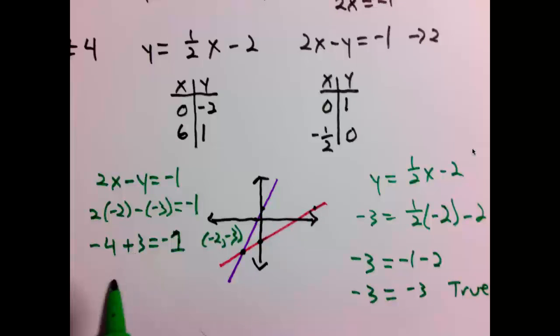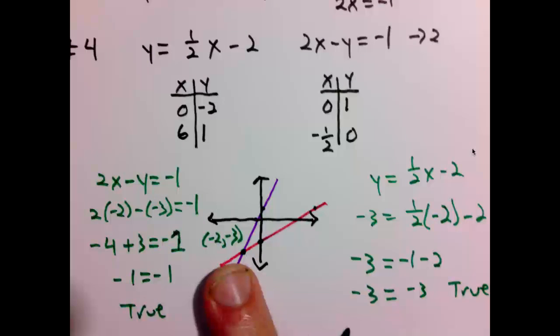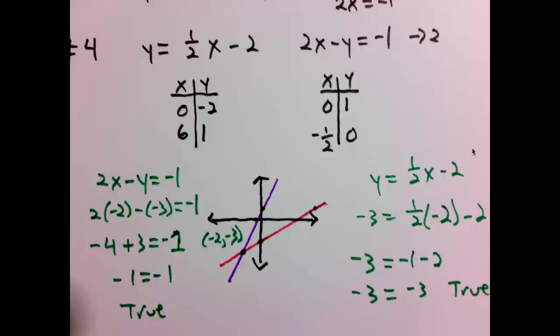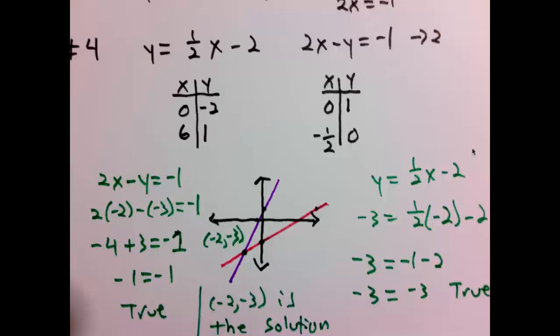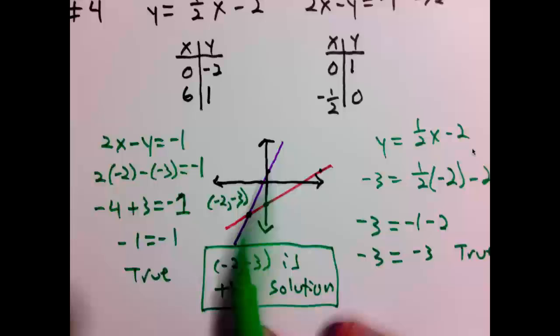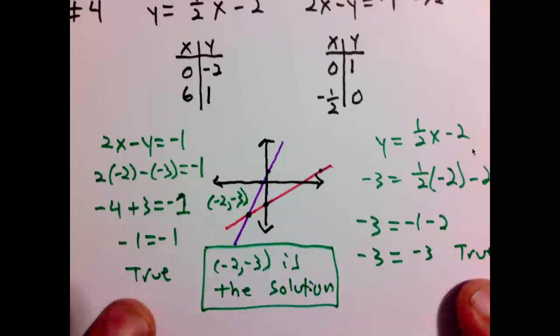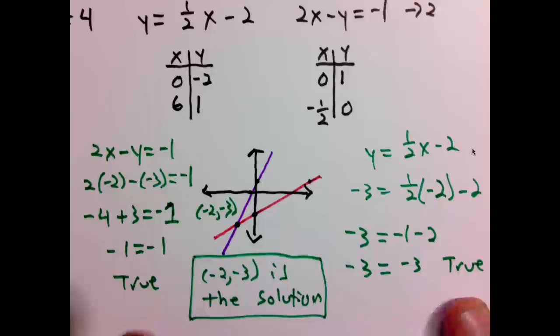Negative 4 plus 3 is negative 1, and indeed, negative 1 equals negative 1. That's true as well. So you see, this point, negative 2, negative 3, satisfies both equations. Thus, that point, negative 2 comma negative 3, is the solution to the system. Graphically, it's the point of intersection of two lines, and algebraically, it makes each of our statements true.